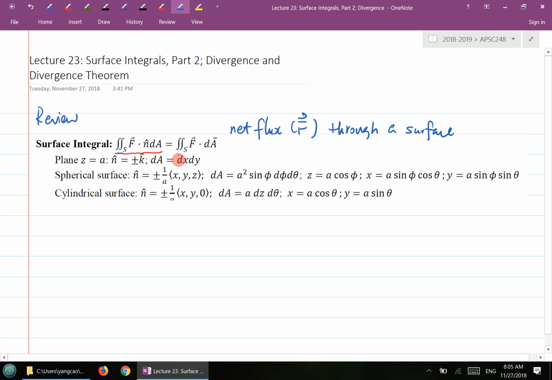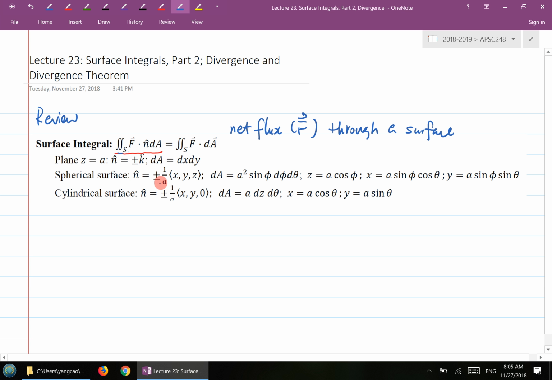Now similarly, if the surface is a spherical surface centered around the origin, then we pick phi and theta, because a sphere has a constant radius whenever you pick a point on the surface. That's why it is a here, constant, instead of rho as for a triple integral.